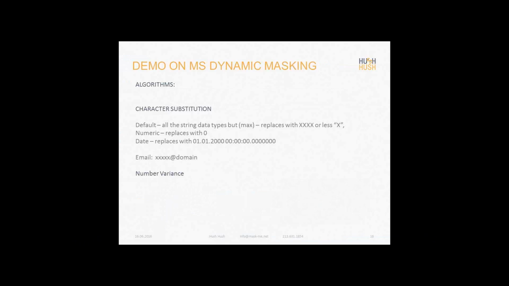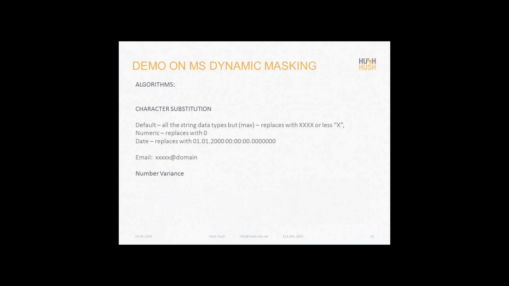They also have a credit card number specific algorithm that they use in Azure. The number variance algorithm is a bit different. It allows you to change the value of any numeric type to a value in a specific range.